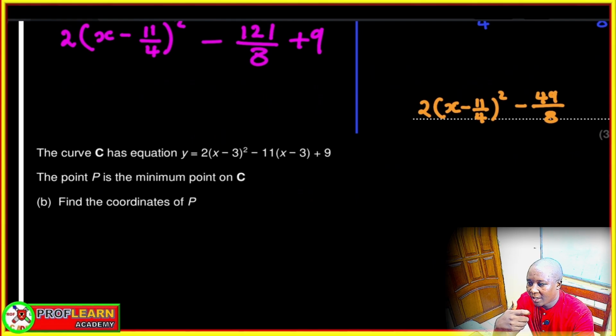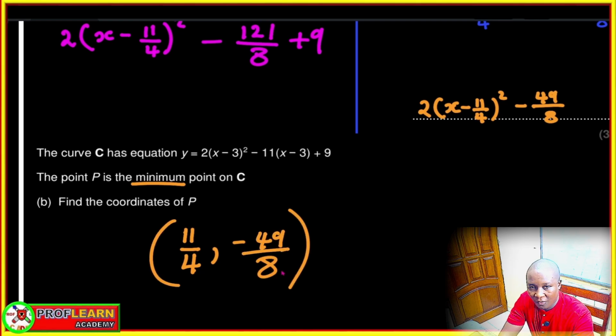And negative 49 over 8 is going to give us the y coordinate of that turning point. So if we are writing the minimum point, we shall say 11 over 4, minus 49 over 8. Always you take the opposite sign of the value that is inside the bracket. If it was positive, you take negative. If it was negative 11 over 4, you have to take a positive value.